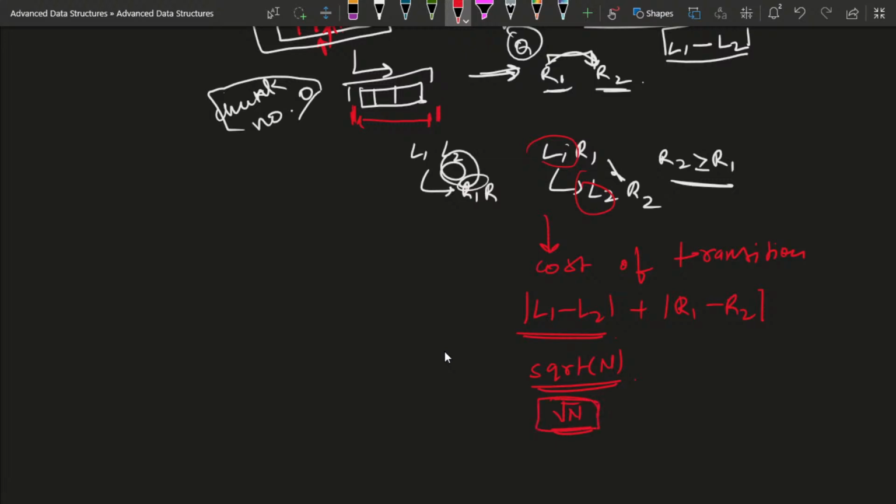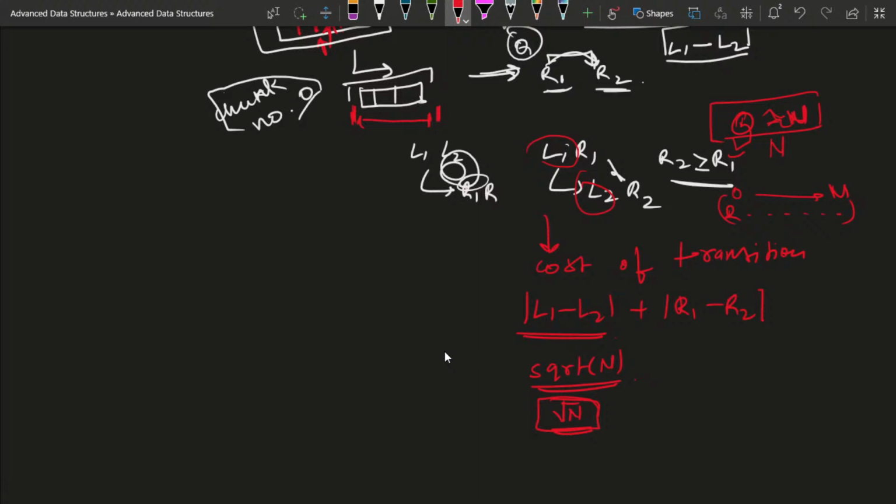For any query, suppose q is the number of queries and q is comparable to n, because in most cases this is going to happen. So for all queries, my right hand is definitely going to move from 0 to n only.